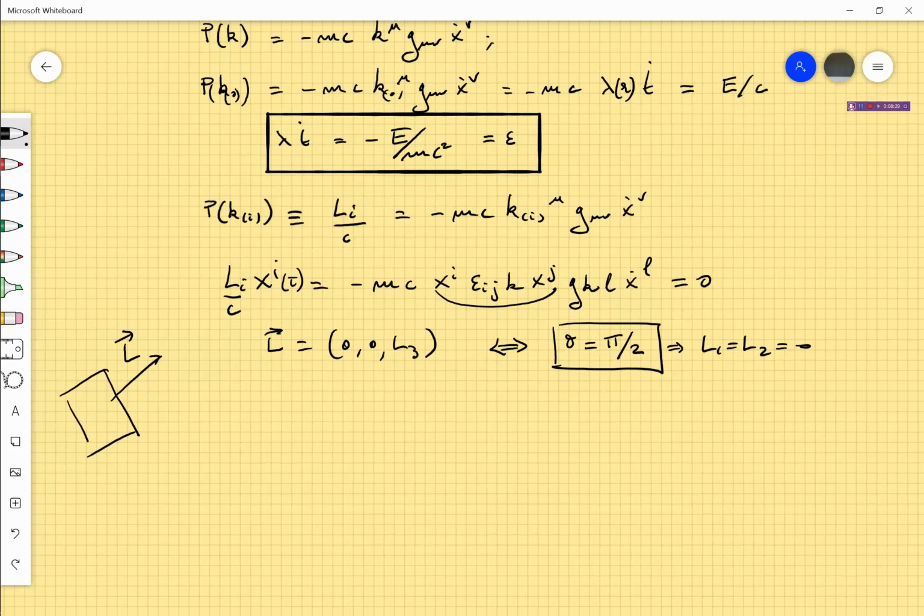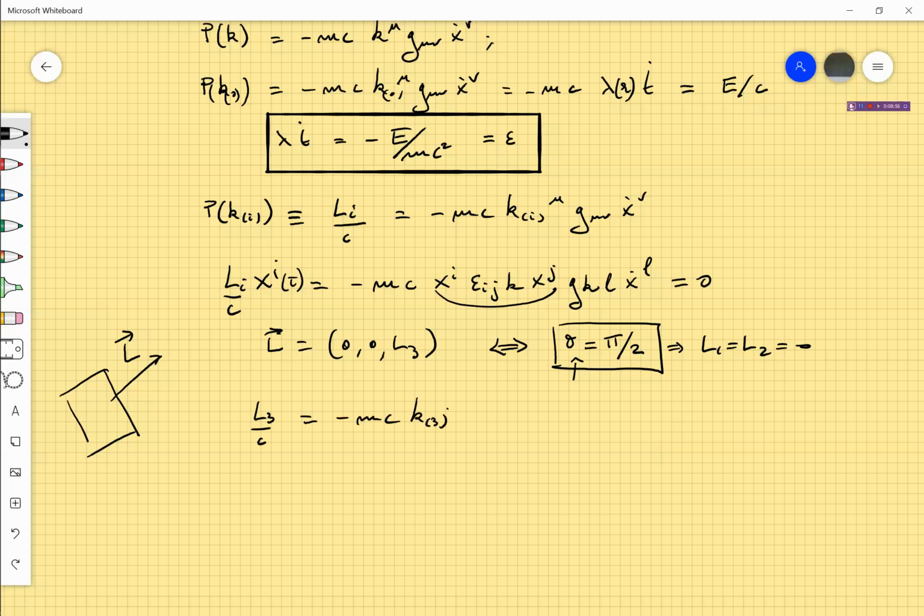This is done explicitly in the lecture notes, so I'm not going to do it. You do this directly in spherical coordinates, because this is where this condition is most easily applied. The only thing that I'm going to do is to write L3 divided by c, the one which is not 0.